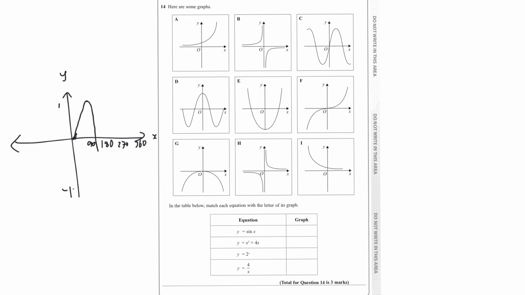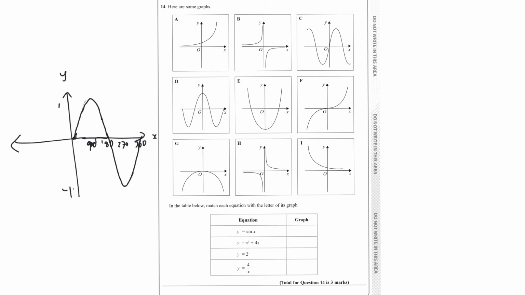Let's draw that again. So sine 90 is 1, sine 180 is 0. So yeah, it should be like that.